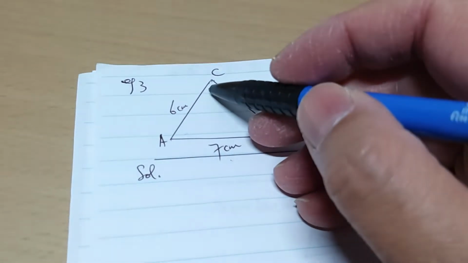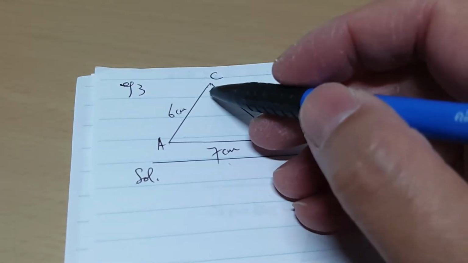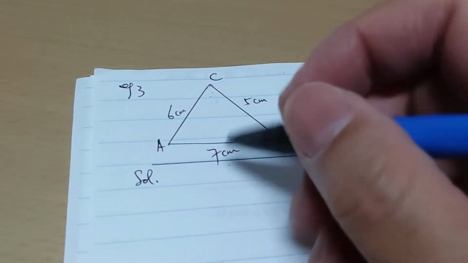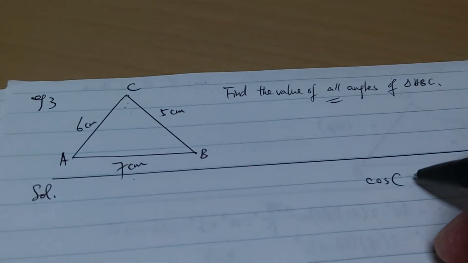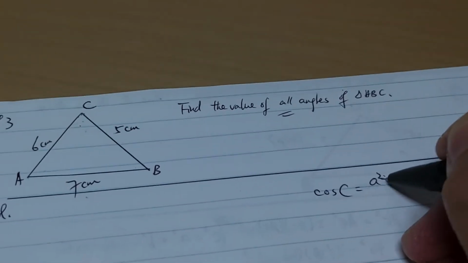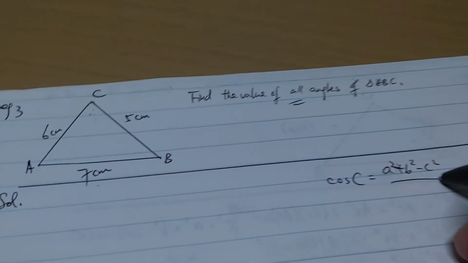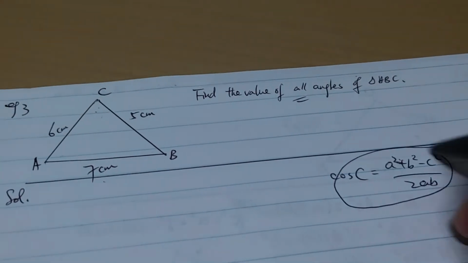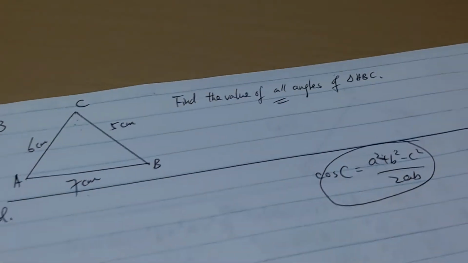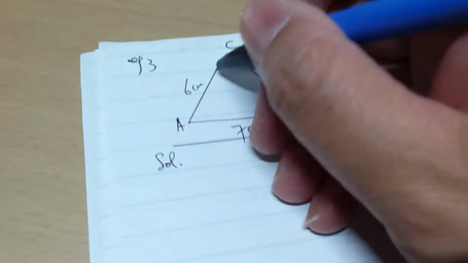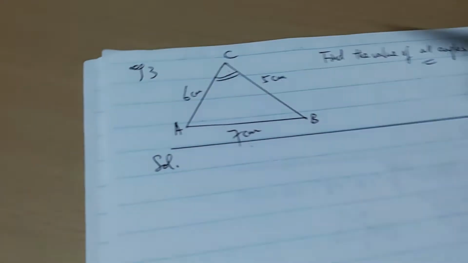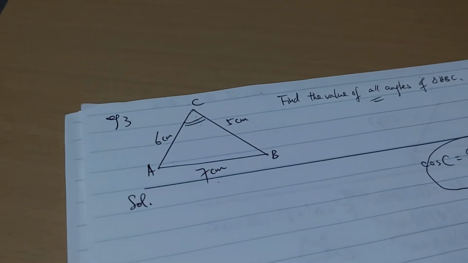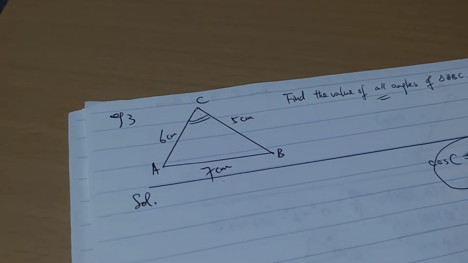So if we want to find angle C, we use which formula? Cosine C equals a squared plus b squared minus c squared over 2ab. If we want to find this angle, which one is side C?